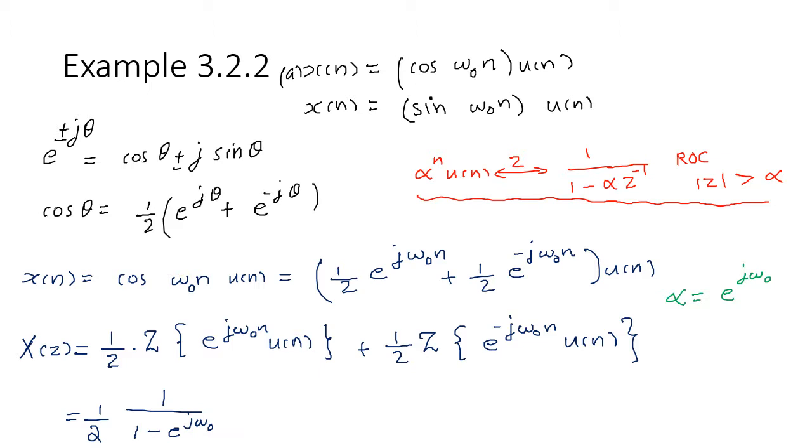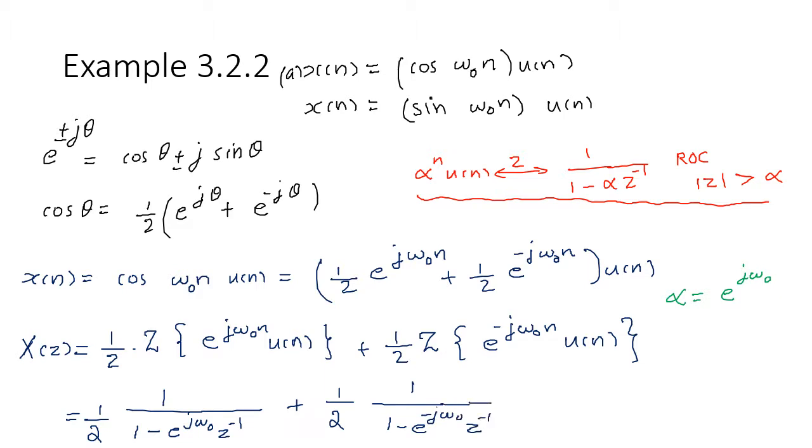Instead of alpha raised to n, we have e raised to j omega 0 n. Therefore this alpha is e raised to j omega 0. That gives the Z transform as 1 by 2 into 1 by 1 minus e raised to j omega 0 Z inverse, plus 1 by 2 into 1 by 1 minus e raised to minus j omega 0 z inverse.